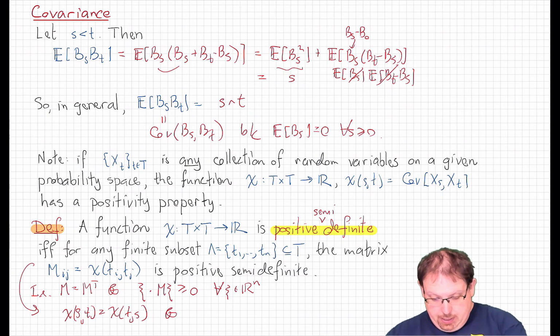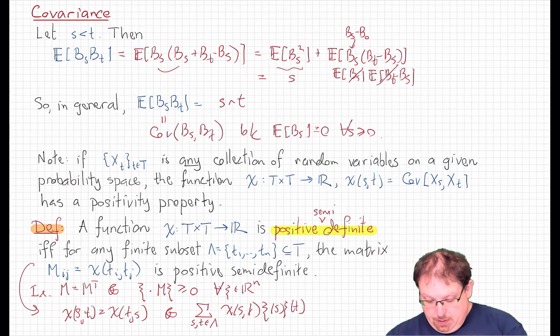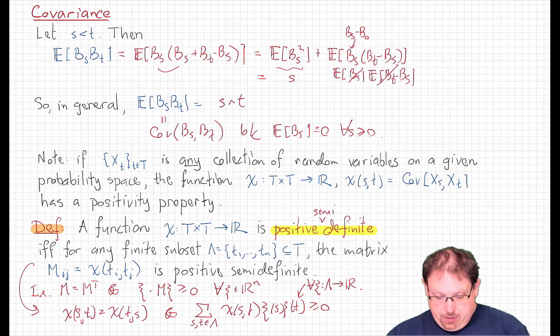And translating exactly what this says from matrix multiplication gives us that the sum over s and t ranging through any finite set lambda of chi of s and t times psi of s, psi of t must be non-negative for any function psi from that finite set into the reals.